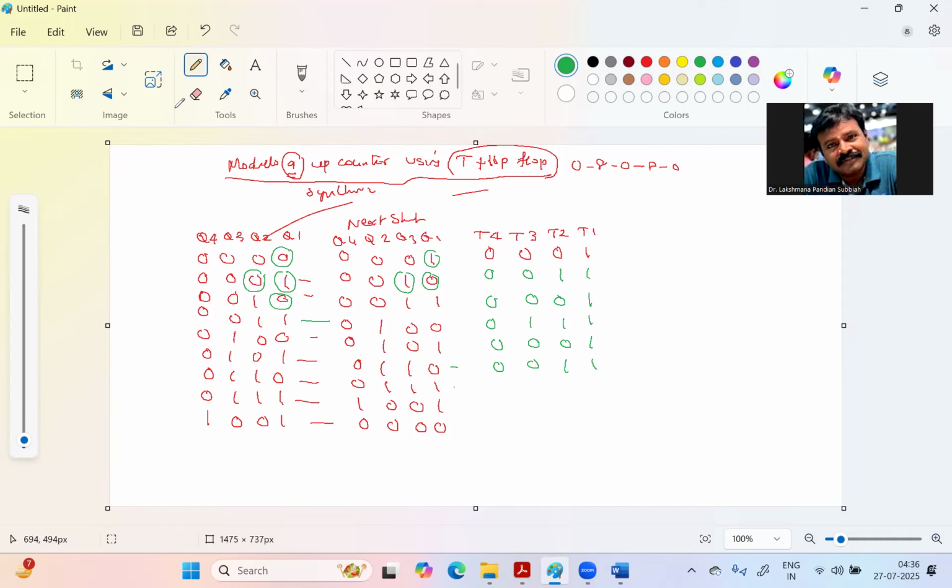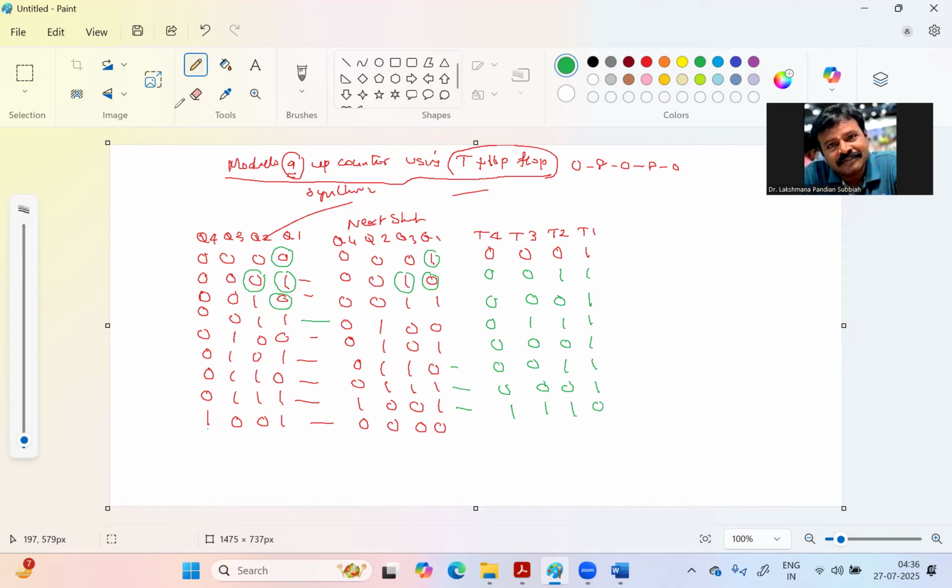And here we have a change in the last 1 bit: 0, 0, 0, 1. Next, we have changes here, 0 to 1, 1 to 0, 1 to 0. The last bit has no change. So 1, 1, 1, 0.